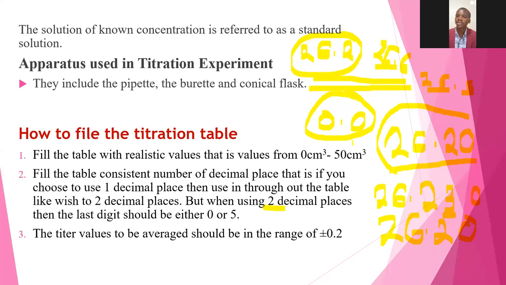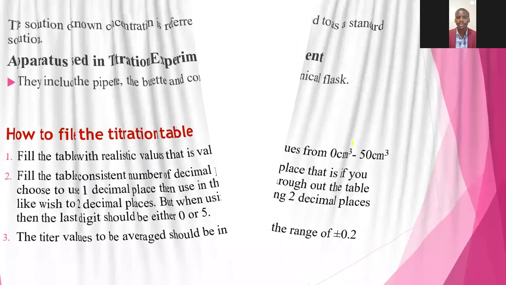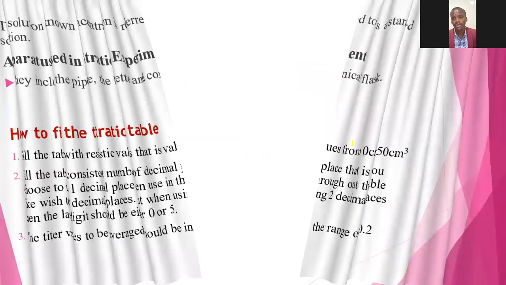If any of your titre values are within positive 0.1 of the teacher's values, you will be given 1 mark. If it is within the range of 0.2, you will be given half a mark. But if it is out of that range, you will lose that 1 mark for accuracy. Let's proceed now. We check one of the examples.